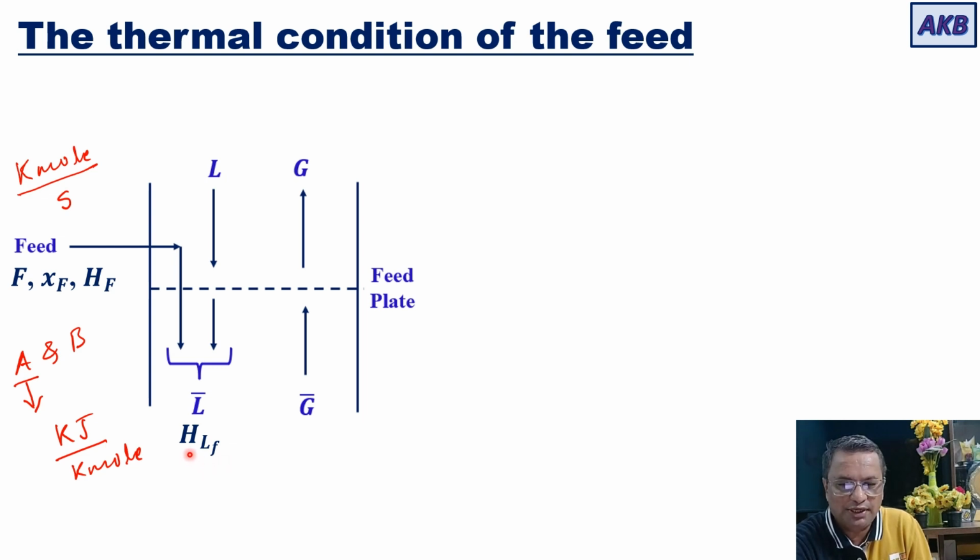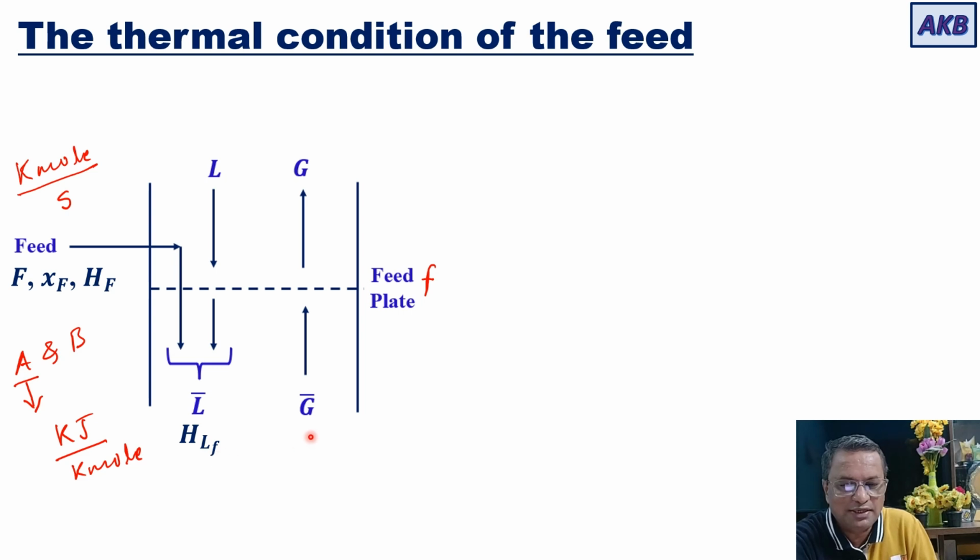The notation tells you about the tray from which the liquid is coming. From this notation, it is clear that it is coming from the feed plate, and I'm identifying the feed plate by F. So it is liquid coming from plate number F, and its molar enthalpy will be HLF.